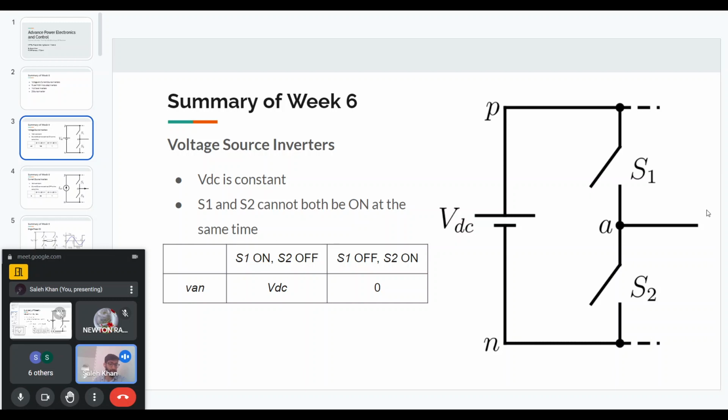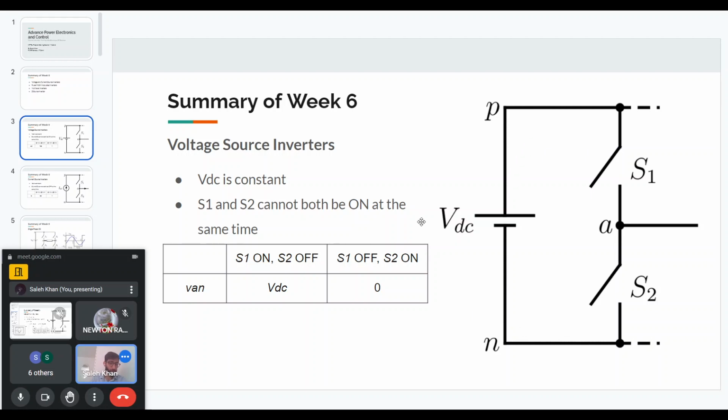We can have one half bridge, two half bridges for a single phase, or three half bridges for three phase, or even more. The rule for the VSI is that the two switches S1 and S2 in one half bridge cannot be on at the same time, because then our source will get shorted.